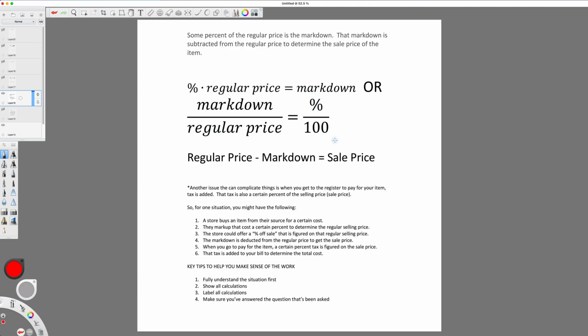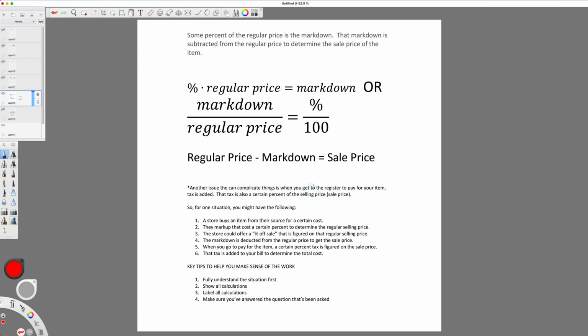I wanted to go through a few items before we get into the examples that can complicate things. Another issue that can complicate things is when you go to the register, you have to pay tax. And that tax is also a percent of the selling price or sale price if it's on sale.